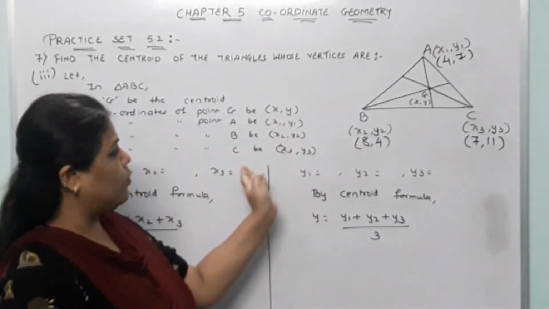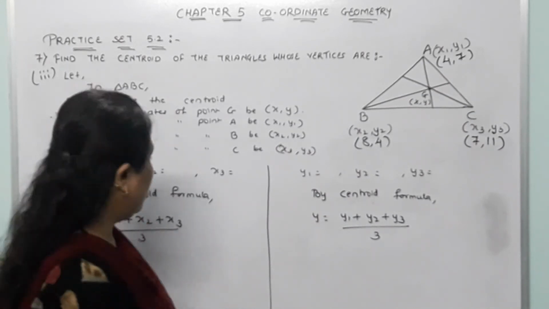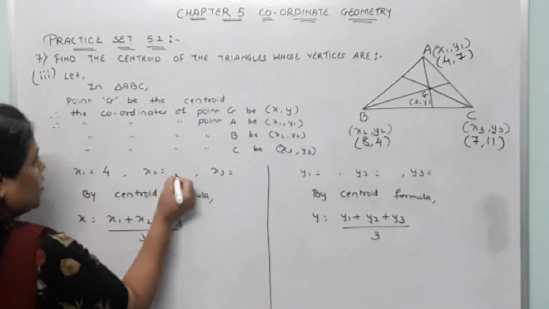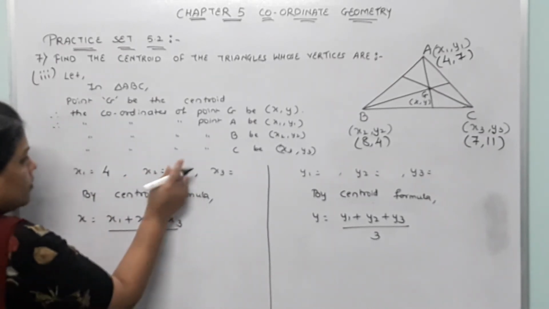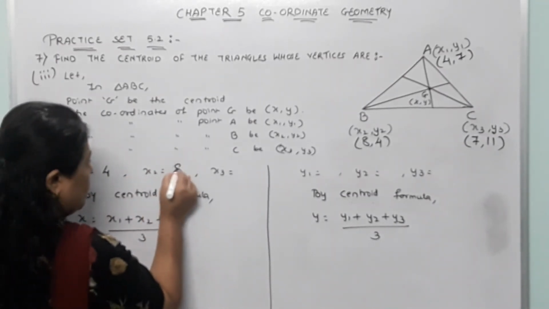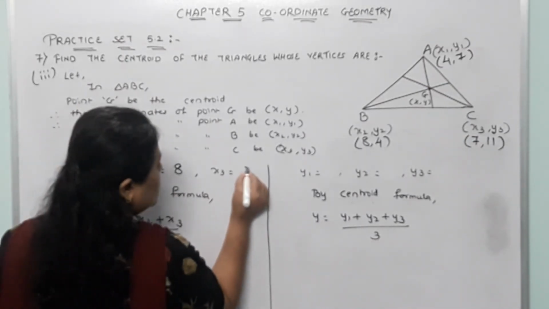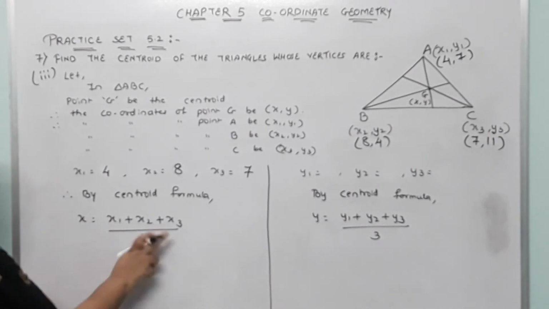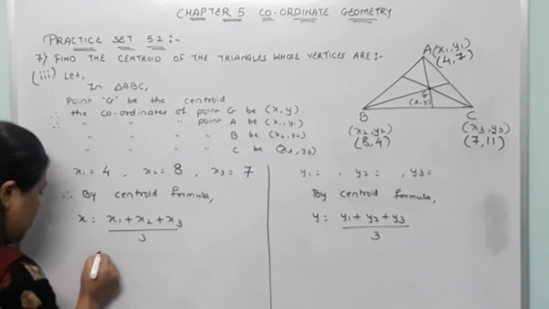For B x2, y2 and C is x3, y3. So here I will write for x1 it is 4. What is the value of x2? 8. x3 is 7. Okay. Therefore by centroid formula x equals to x1 plus x2 plus x3 upon 3.